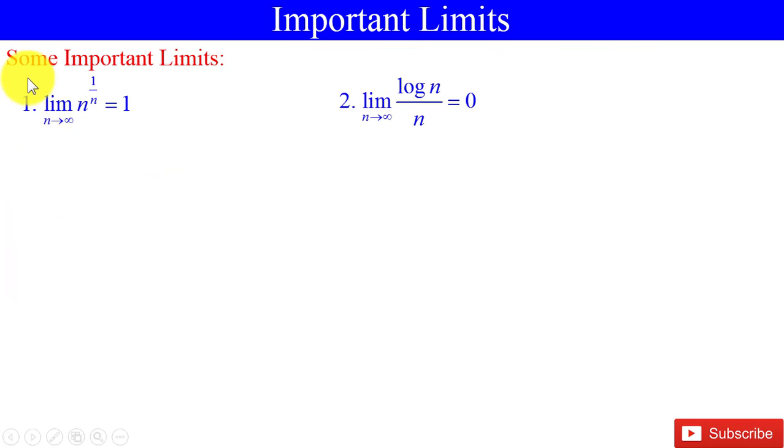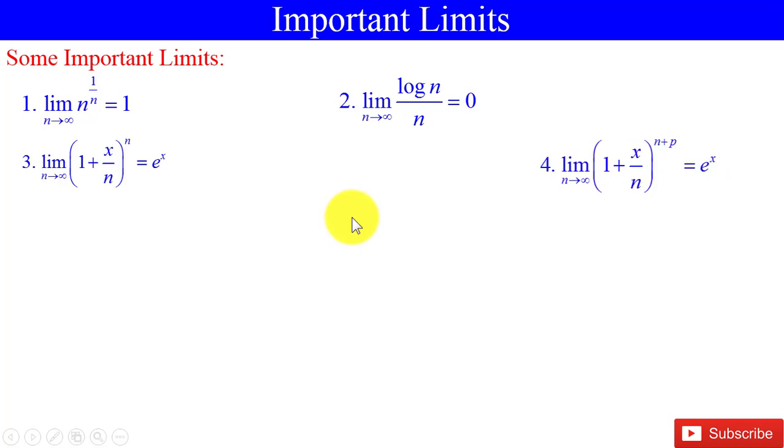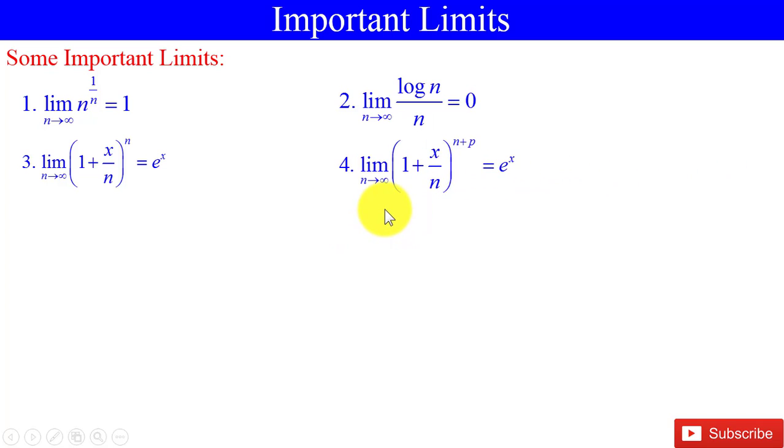Some important limits. 1. Limit n tends to infinity n raised to the power 1 by n is equal to 1. 2. Limit n tends to infinity log n by n is equal to 0. 3. Limit n tends to infinity (1 plus x by n) whole raised to the power n is equal to e raised to the power x. 4.